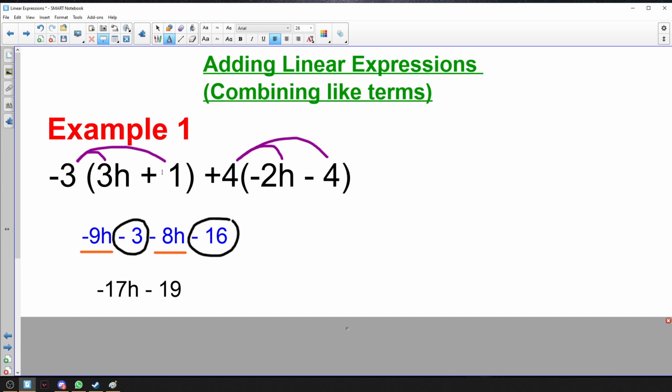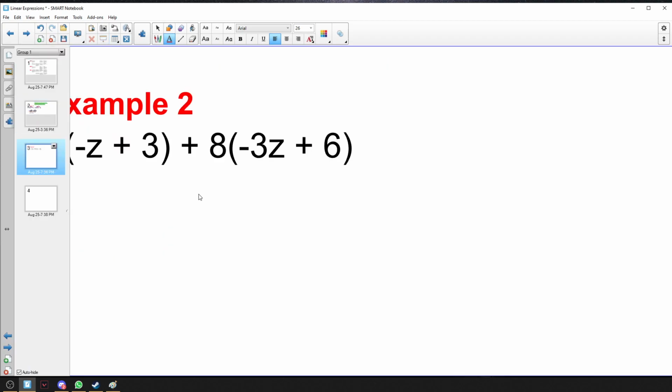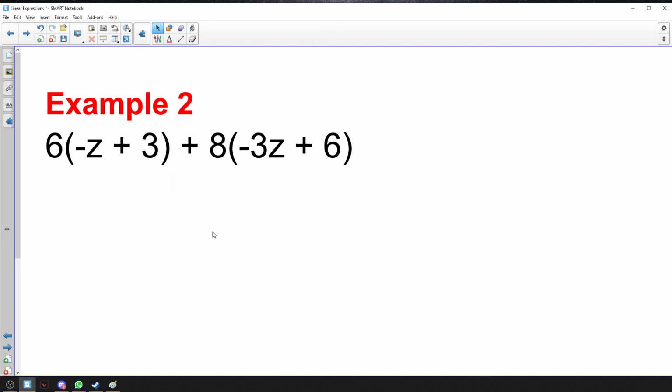Okay, let's go on to our second example, and this is from the second page on your worksheet. So example 2. First thing we're going to do, and I'm going to try this all in just the drawing marker rather than swapping between, is 6 minus z, so I have minus 6z because I just join them together.